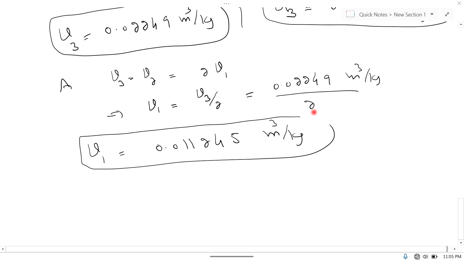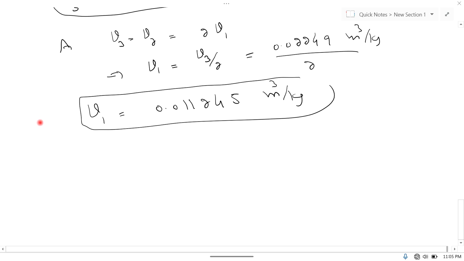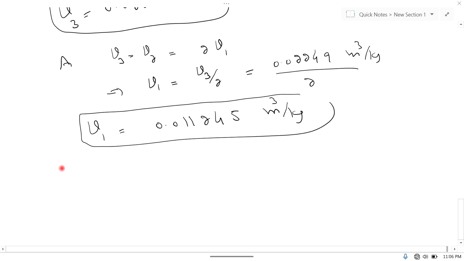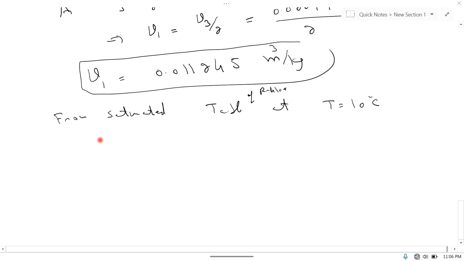Now with the help of V1 we can find x1. As we know that state 1 is in the saturated region, or the wet region, from the saturated table of R410A at temperature equal to 10 degrees centigrade, find Vf and Vg.